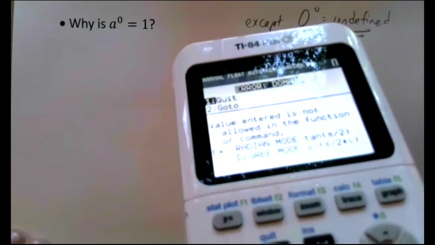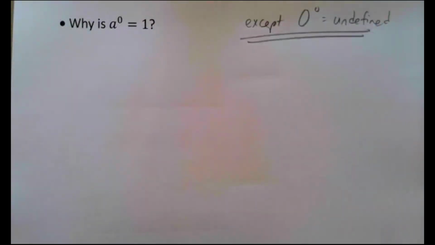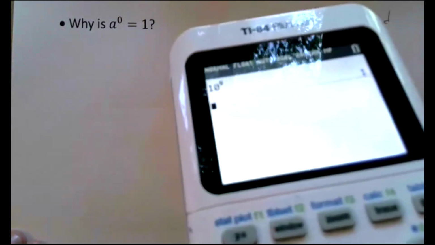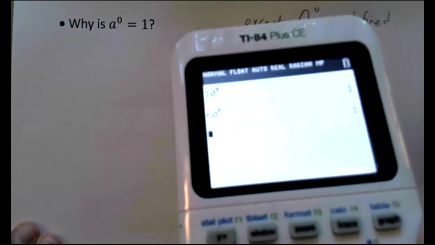It says error on top up there. It will say something similar if you do that on your calculator. But if I put 10 to the power of 0, it's going to tell me that the answer is 1. Again, I know that's hard to see on the calculator. If I put 60 to the power of 0, it's going to tell me that the answer is 1.